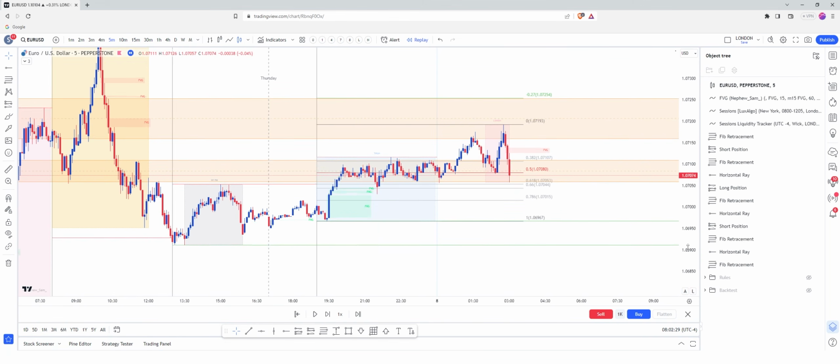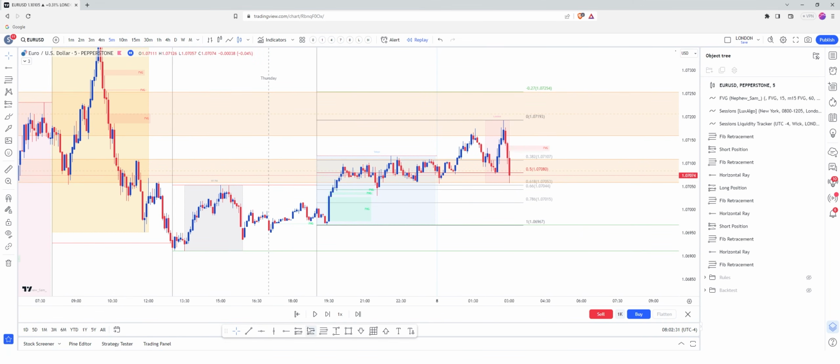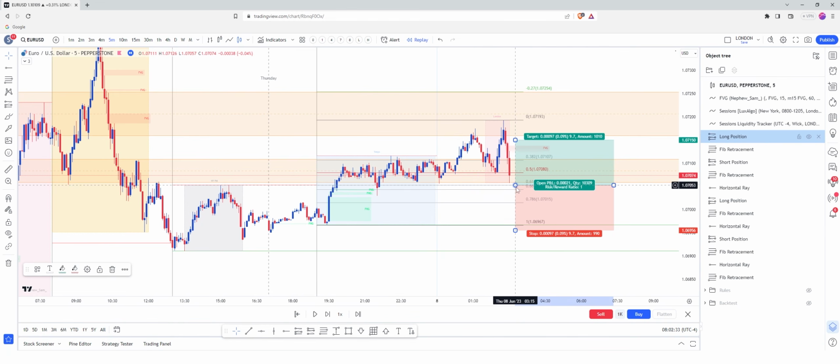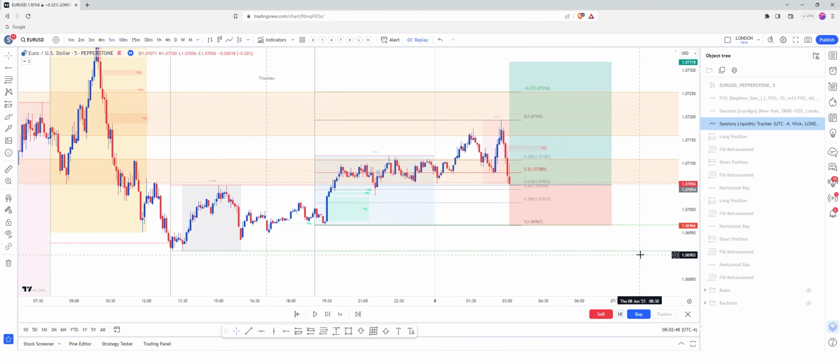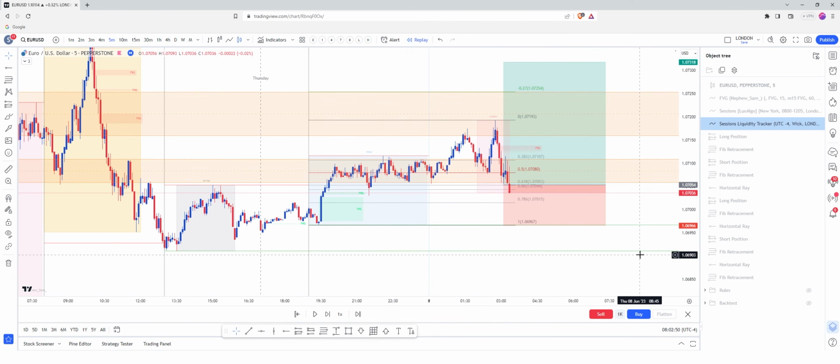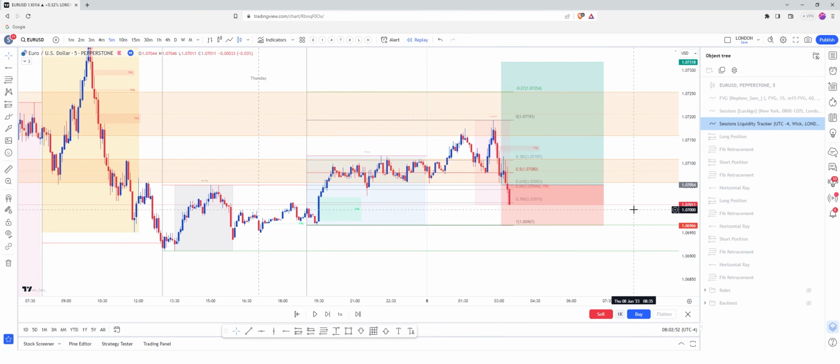So we can see the price is pulling back aggressively towards our optimal trade entry. We could be triggered in at this based on a continuation trade from this impulsive move in the Asia session. Take our 3R. So we've just tapped into optimal trade entry now.